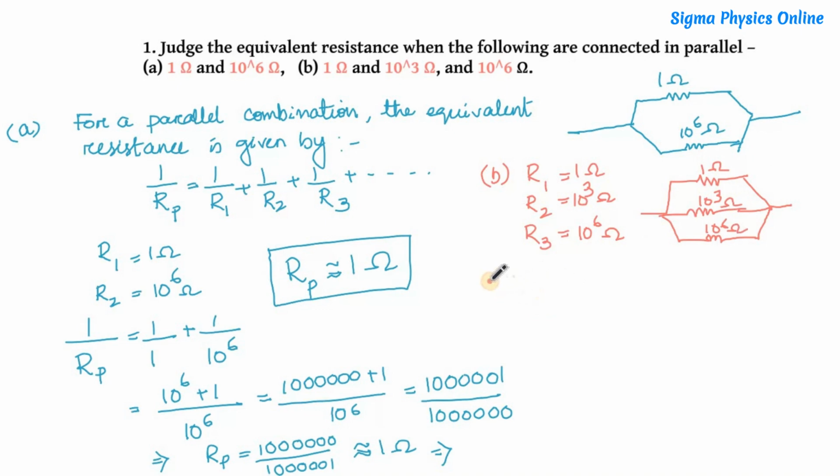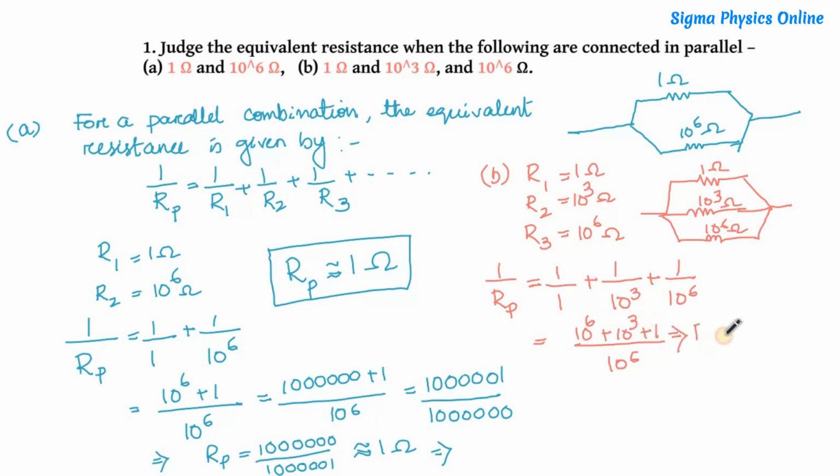Now again the equivalent resistance formula is 1 by Rp is 1 by 1 ohm plus 1 by 10 to the power 3 ohm plus 1 by 10 to the power 6 ohm. So the LCM is 10 to the power 6. So it is 10 to the power 6 plus 10 to the power 3 plus 1.